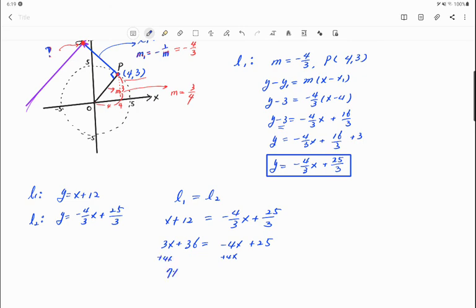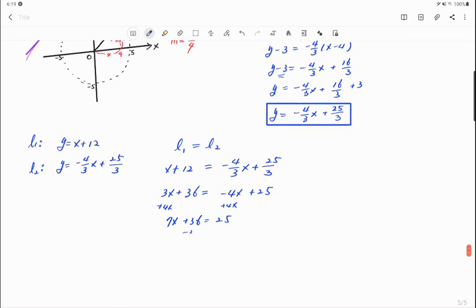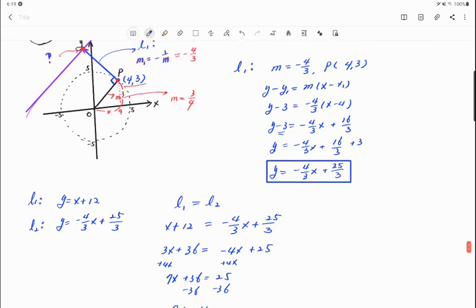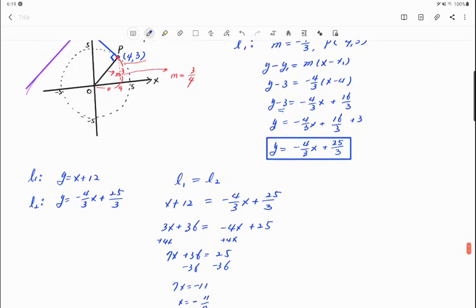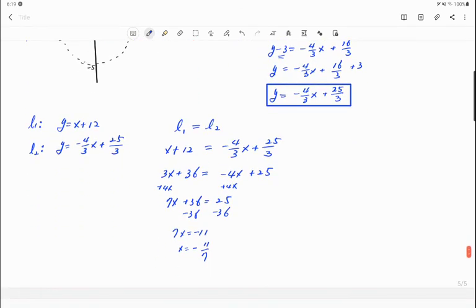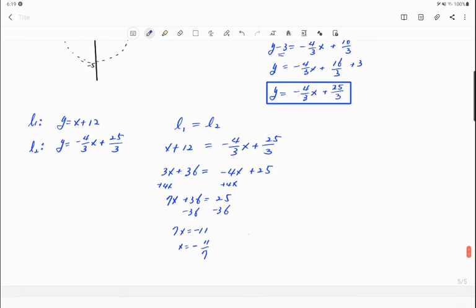Then we have 7x plus 36 equals 25, and then minus 36. So 7x equals negative 11, then x equals negative 11 over 7. So the x value of this intersection is negative 11 over 7.